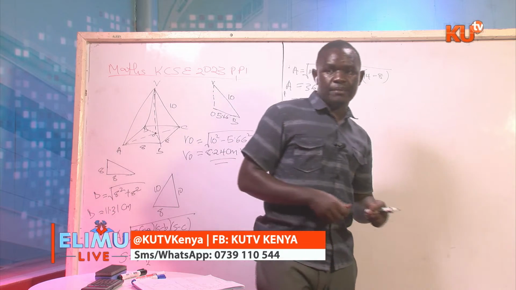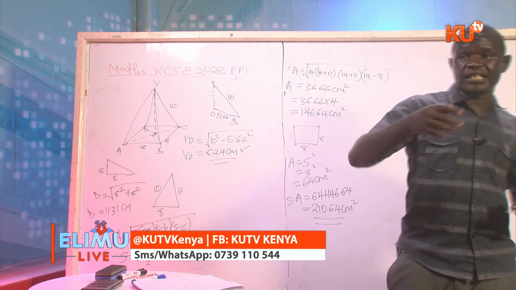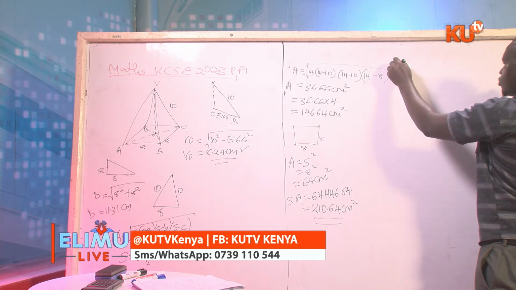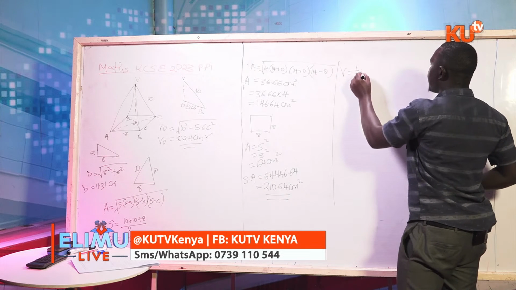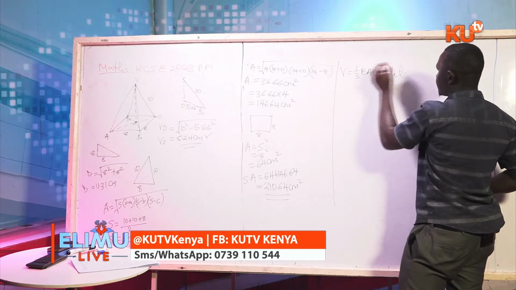Part C, the volume of the pyramid. How do you get the volume of a square-based pyramid? It is simply a third times base area times height. That's the formula.